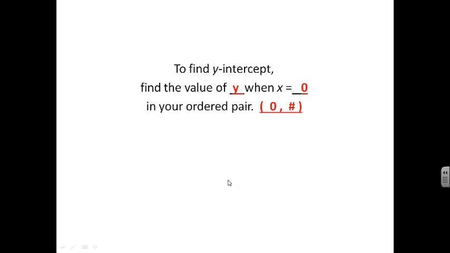To find y-intercept, you find the value of y when x equals 0. So this is what your ordered pair looks like. It's 0, comma, and then any number. So if we draw an XY table, let's draw a couple of them.